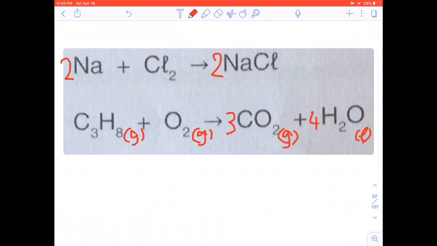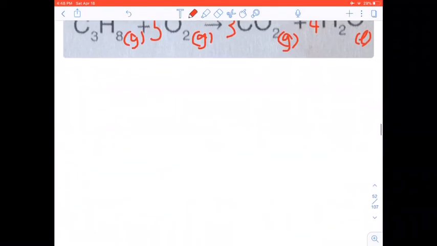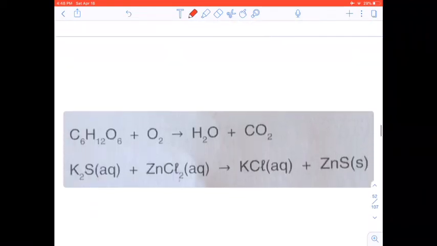And if we look at the oxygens, we've got 6 plus 4 oxygens on the right, which is 10, and then we need to balance that, which gives us 5O2. Let's look at the next one.